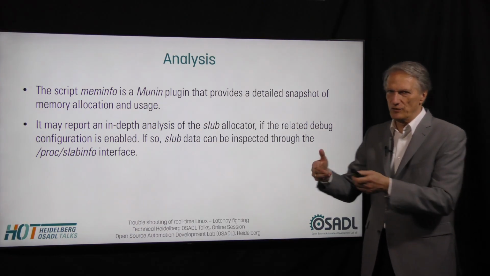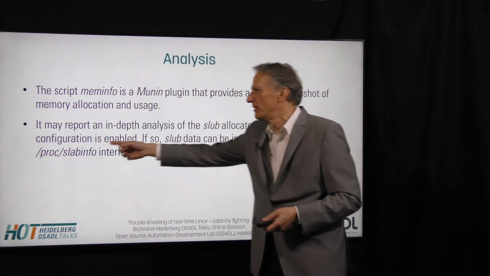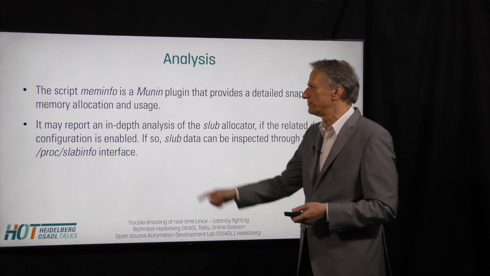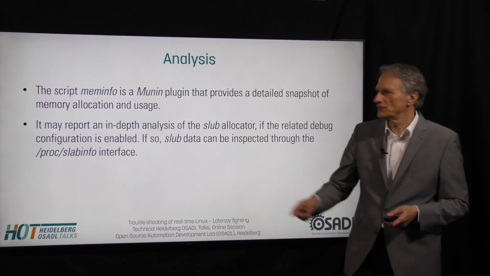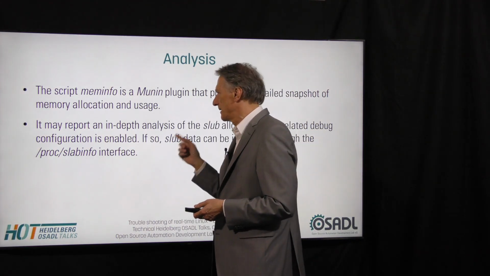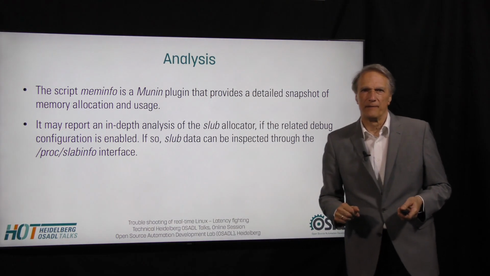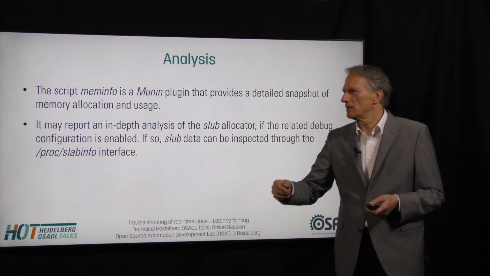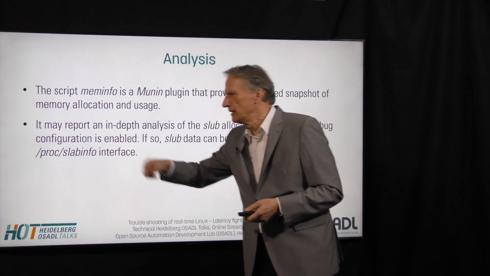By the way, when we switch to real time, the slab allocator is replaced by the slob allocator. So this is a little inconsistency that slabinfo provides slab information, but it still can be inspected through the same interface.